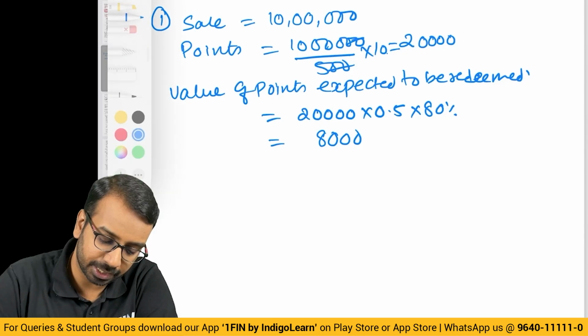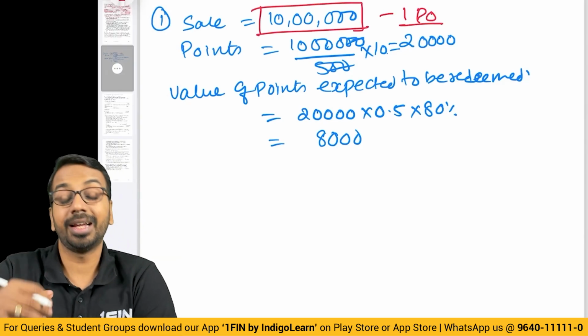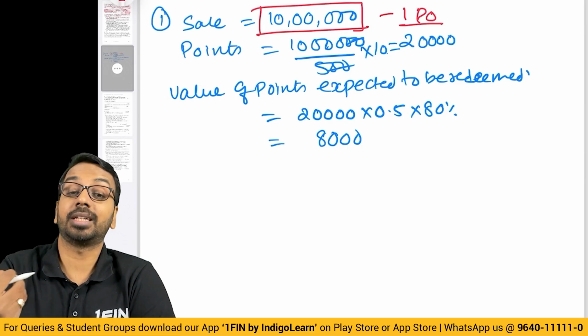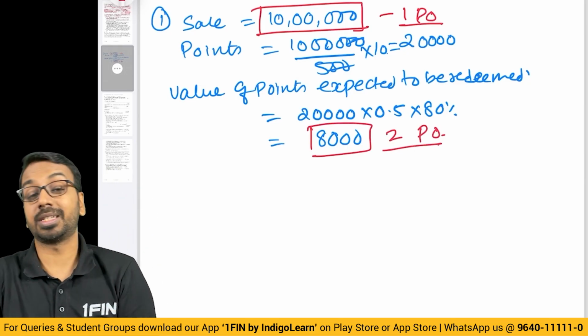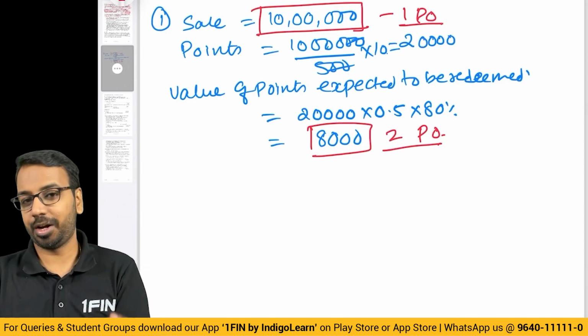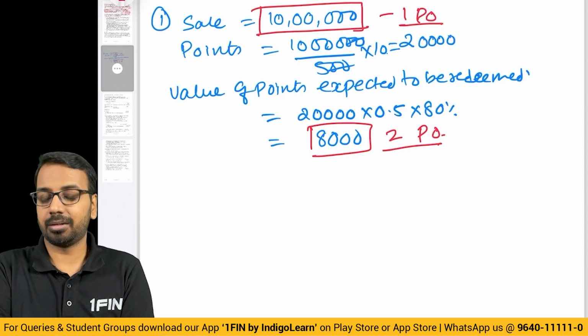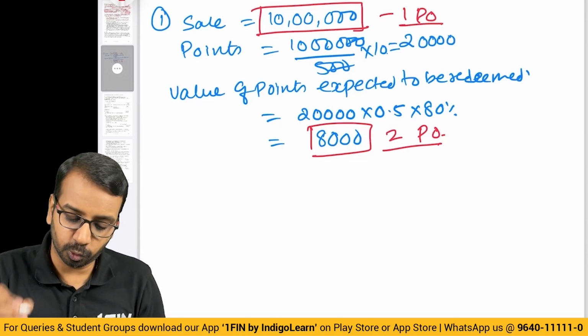Now what do we understand here? This is one performance obligation. This is the first PO where we have given goods worth 10 lakhs. And there is the second performance obligation, where we are giving you something worth 8,000 as a discount voucher or a loyalty point, which you can come back and get redeemed or adjusted in the future. So there are two performance obligations.